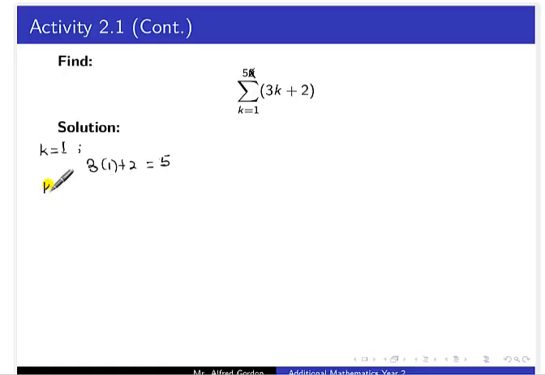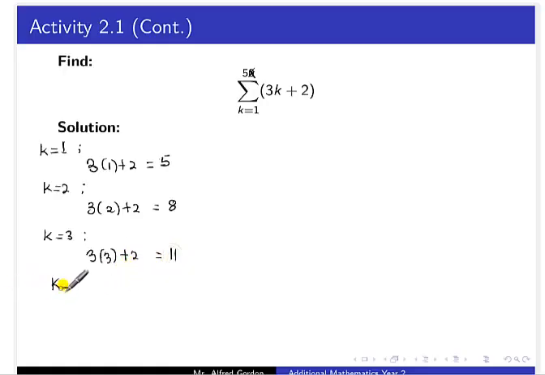Now when k is equal to 2, we have 3 times 2 plus 2. 3 times 2 is 6, plus 2 gives us 8. Now when k is equal to 3, we have 3 multiplying 3 plus 2. 3 times 3 is 9, and 9 plus 2 is 11.